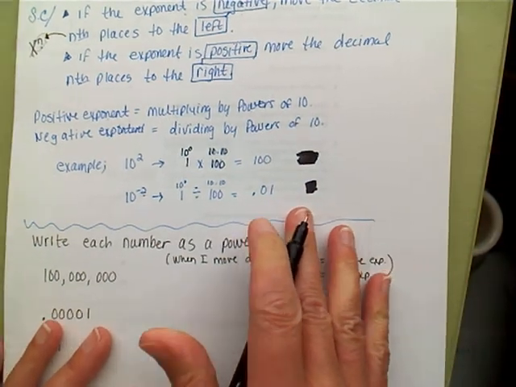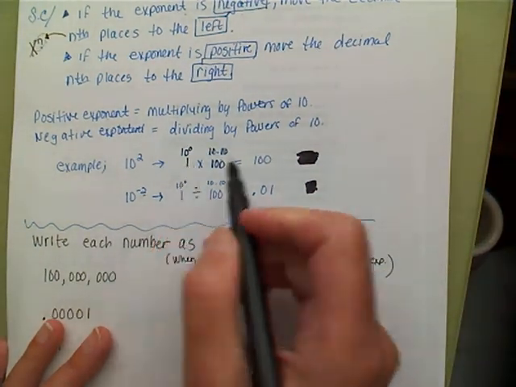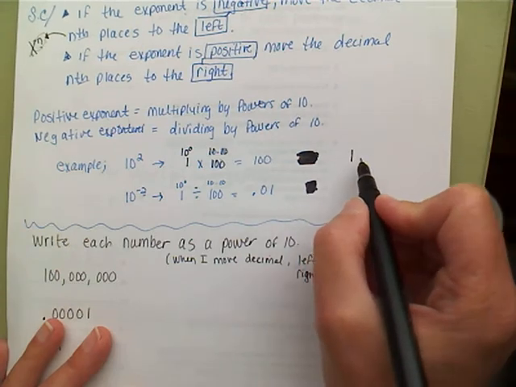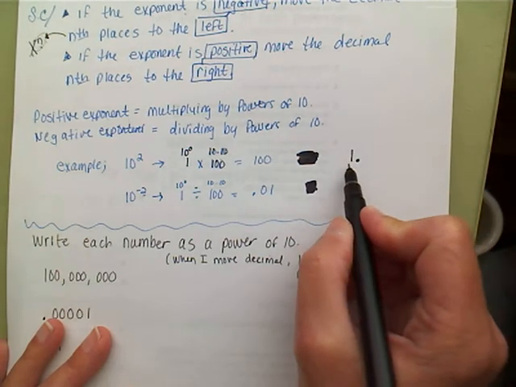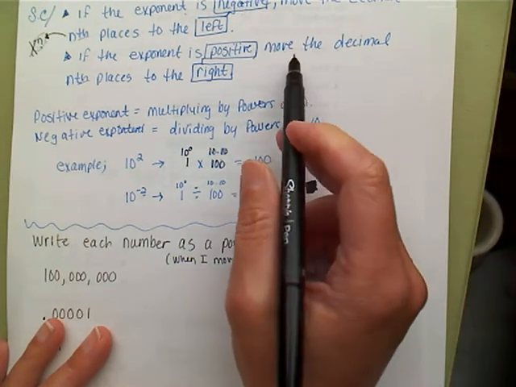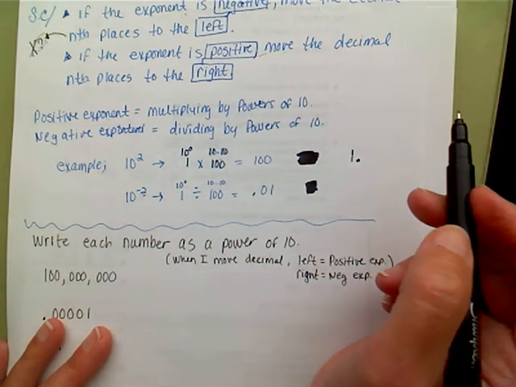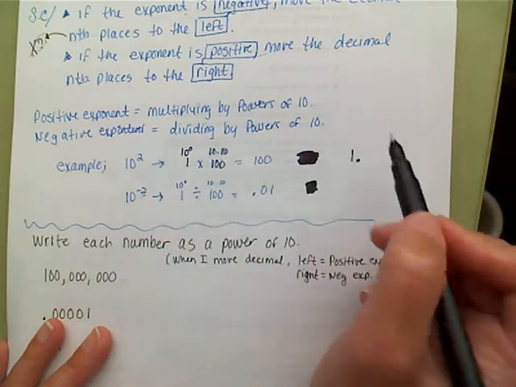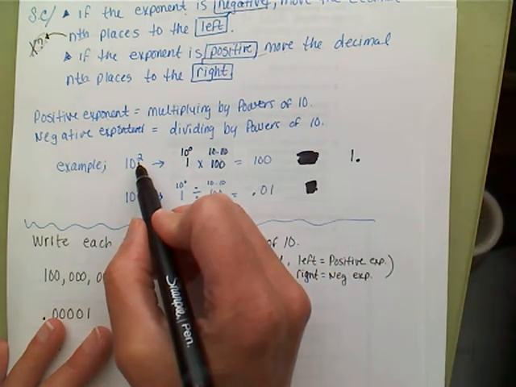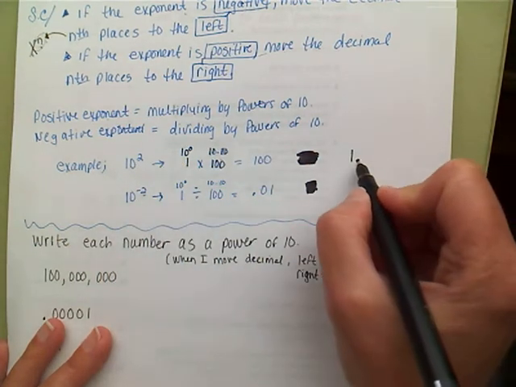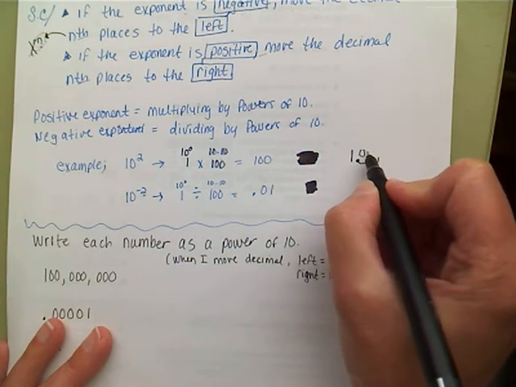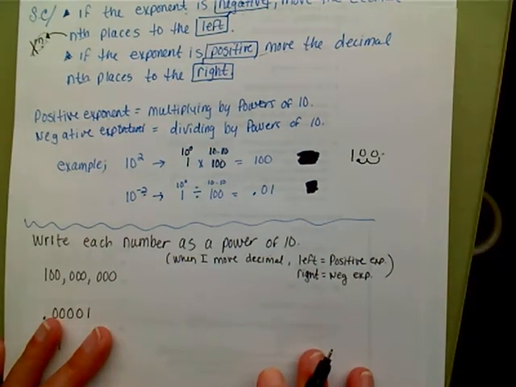And if I have the starting point of 1, and it's understood that there's a decimal here, so that 1's in the 1's place. If I follow my criteria, if it's positive, I'm going to move the decimal place the nth powers to the right. So in this case, it's 2 places to the right. So if I move it 2 places to the right, I have 100.